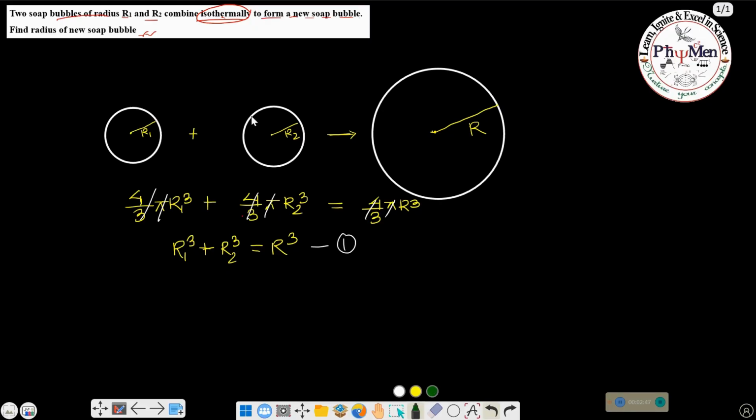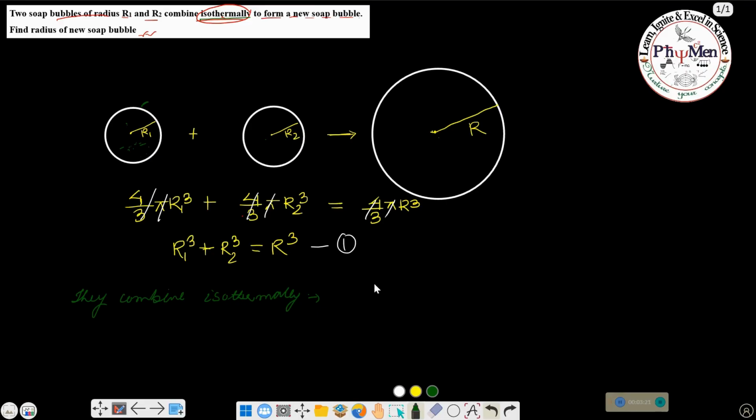Now there is a word called isothermally. They combine isothermally. For the isothermal condition, because there is air inside the soap bubble, this is the surface, this is the air, here is the air itself.